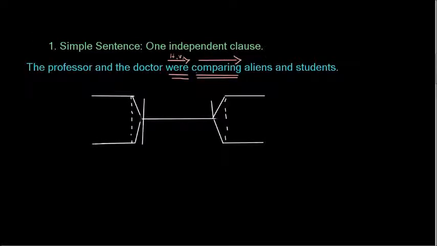We ask ourselves who or what is comparing, and in this case, both the professor and the doctor are comparing people. And if we're looking for more nouns, we have aliens and students.